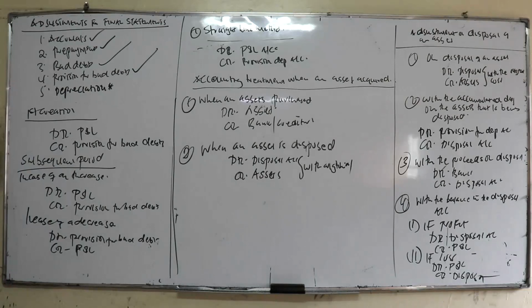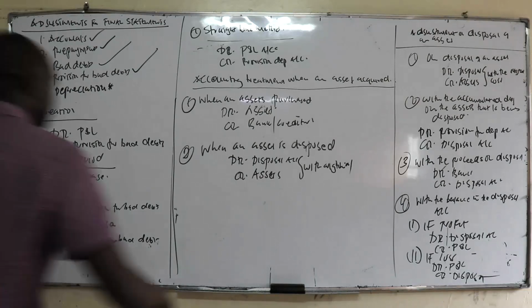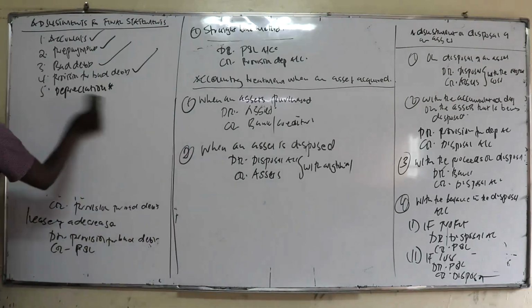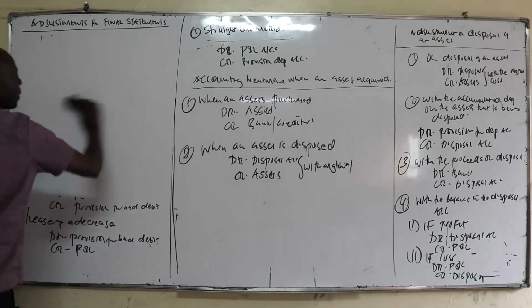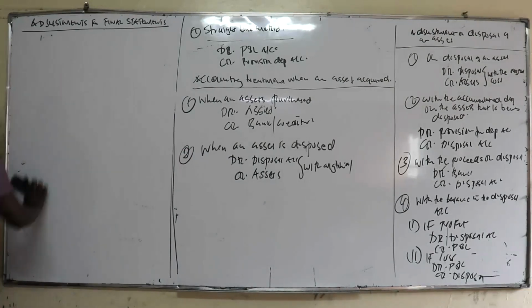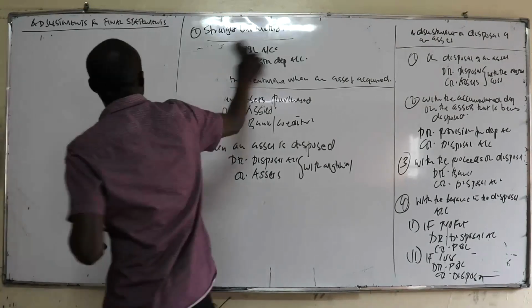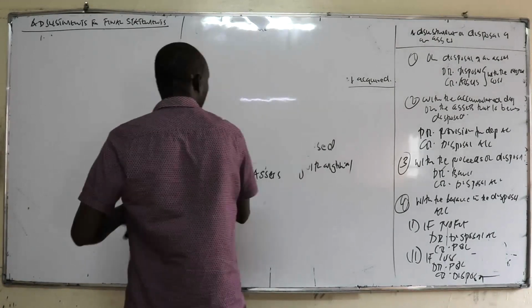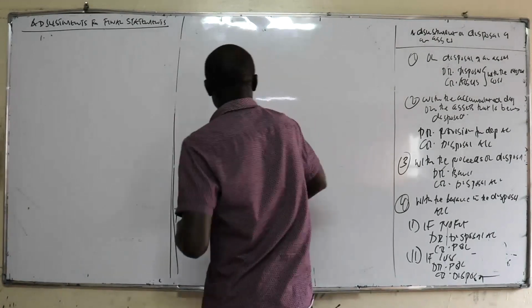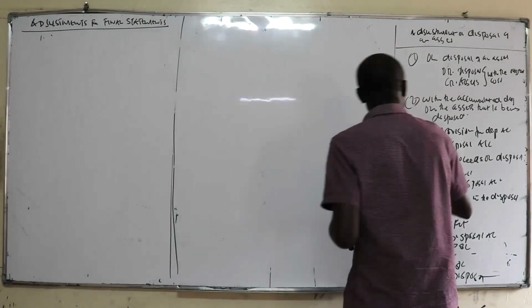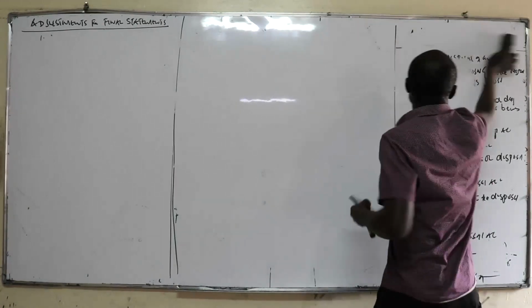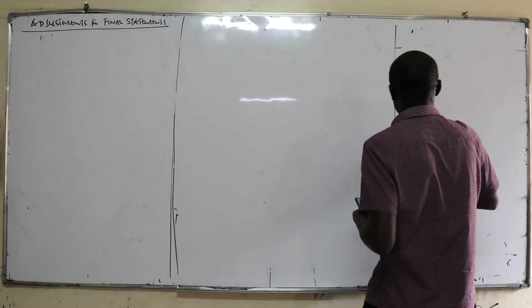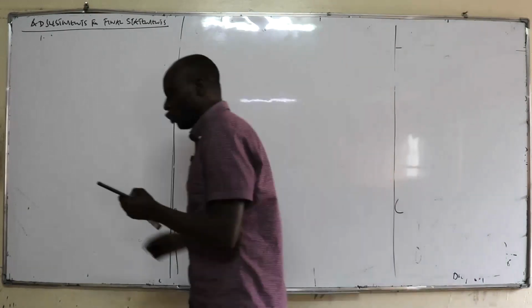So that is a very good example. We want to see it. Here we have the plant account.